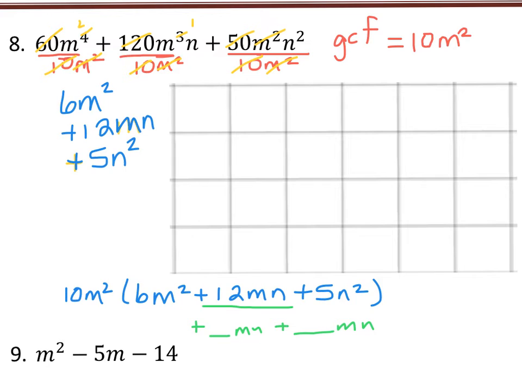So we really would have had 4 terms here. So in order to factor this, we need 4 boxes. And I put these grids here just as a guideline.